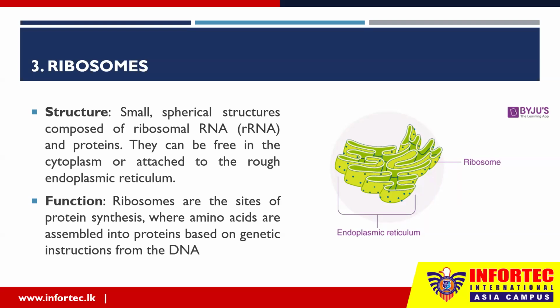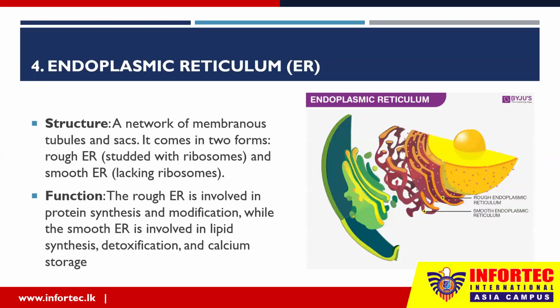And actually it has 60S and 80S subunits. While proteins are produced, the mRNA chain is read by these ribosomes. Okay, so it is basically responsible for production of proteins. That's the main function.